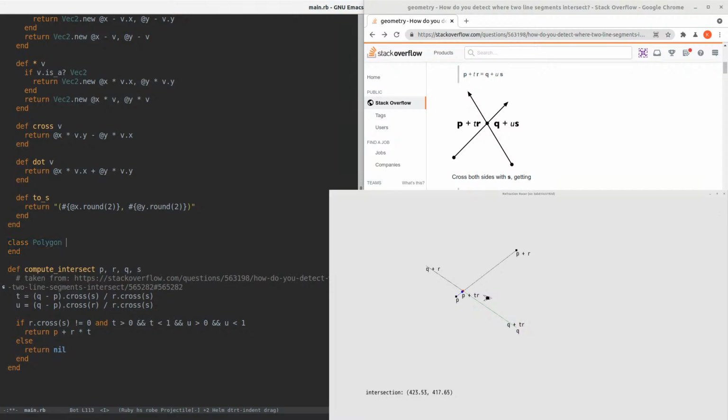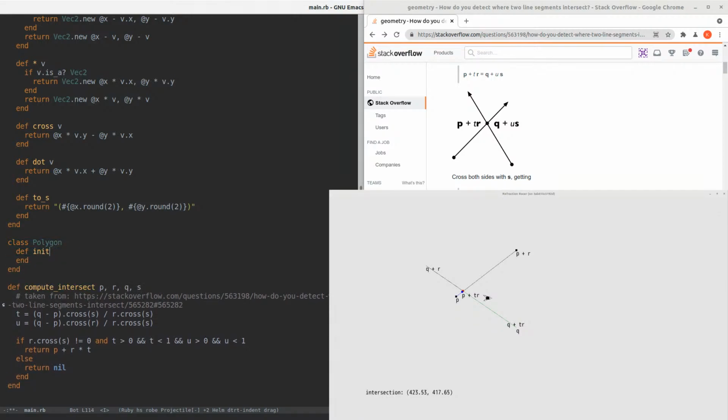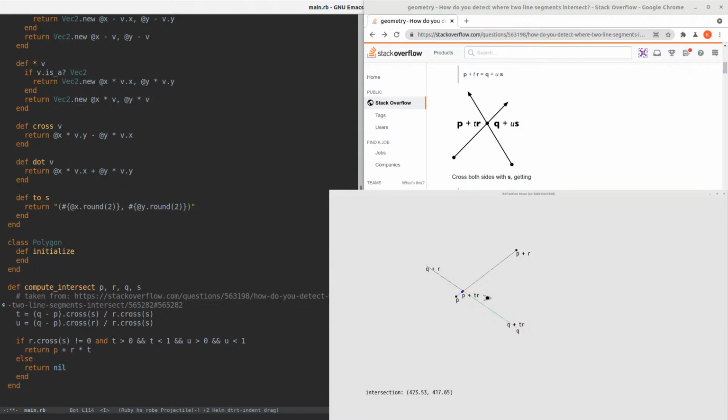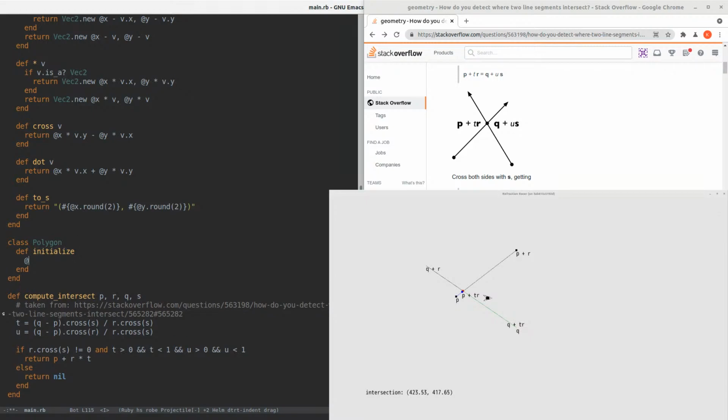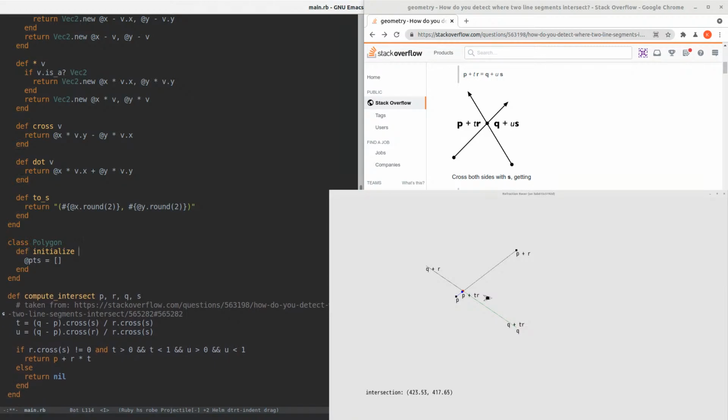class Polygon, and we'll initialize this with points, something like that. If it's nil, it's nil.